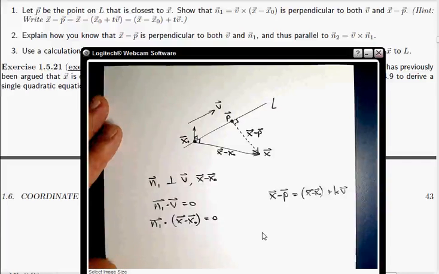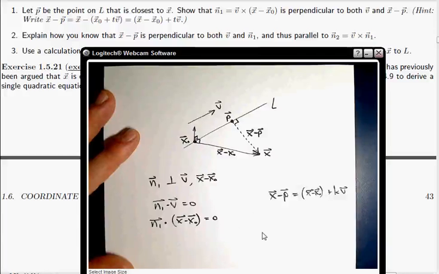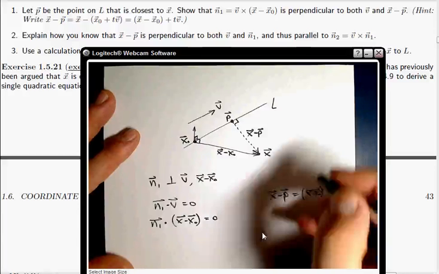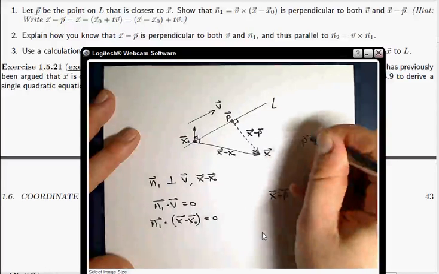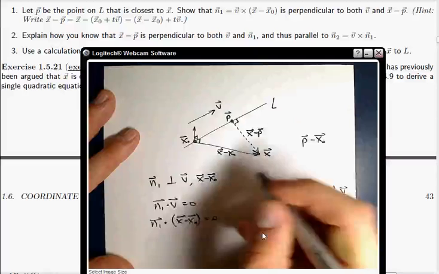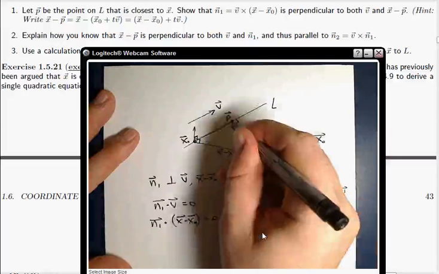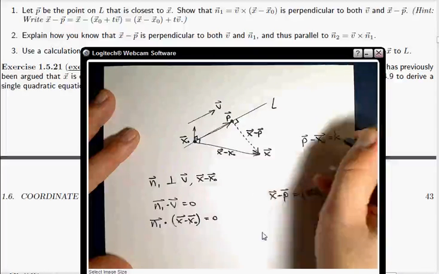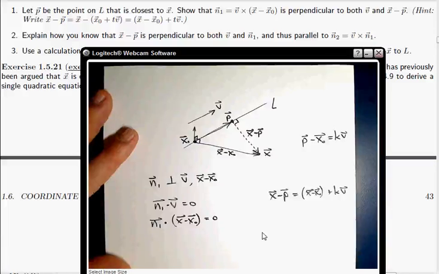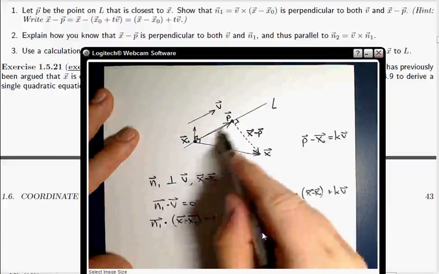Okay, let me say that differently then. How about this? P minus X naught, this vector here, is equal to KV, for sure, right? Because P minus X naught is parallel to the line.